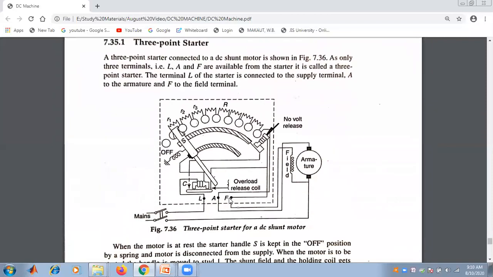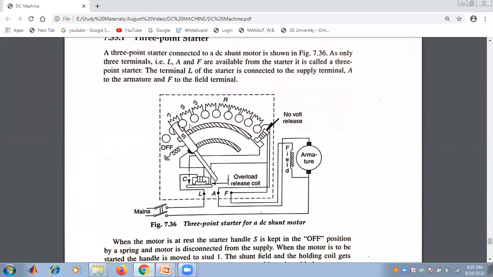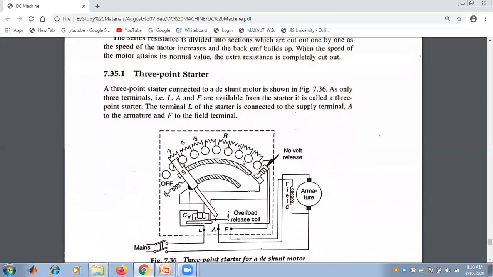So this is a 3-point starter for a DC shunt motor. In a 3-point starter connected to the DC shunt motor, as given in this figure, the three terminals available from the starter are L, A, and F, and it is called a 3-point starter. The terminal L is connected to the supply terminals, the mains.